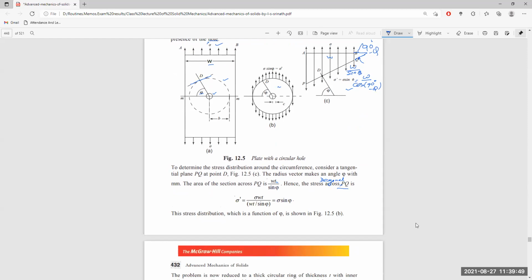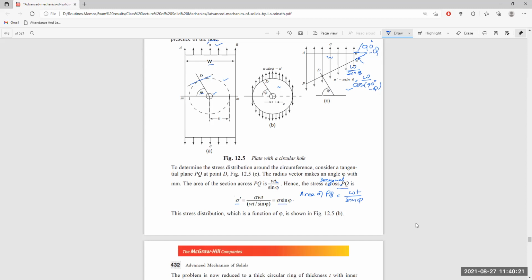So that will be equal to W into T divided by sin phi, because the area of PQ is equal to WT divided by sin phi itself. So we can reduce this. After simplification we know the stress along the leg PQ is given by sigma sin phi itself.